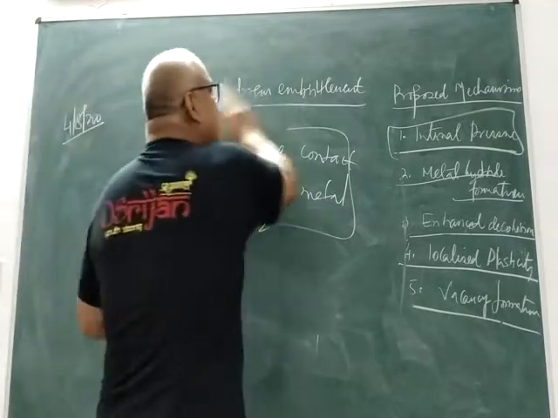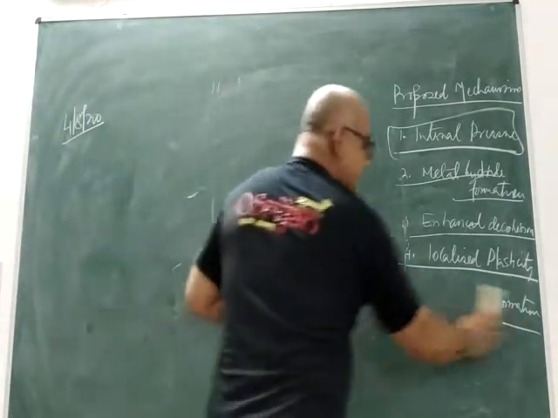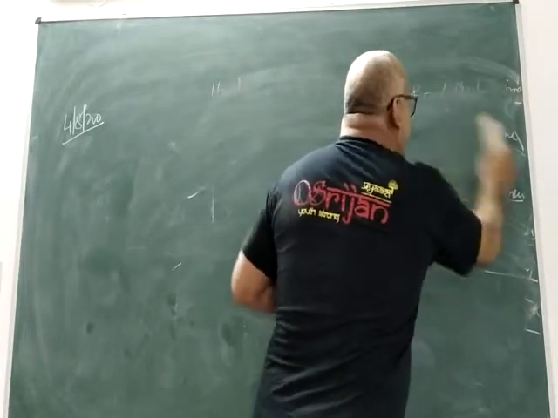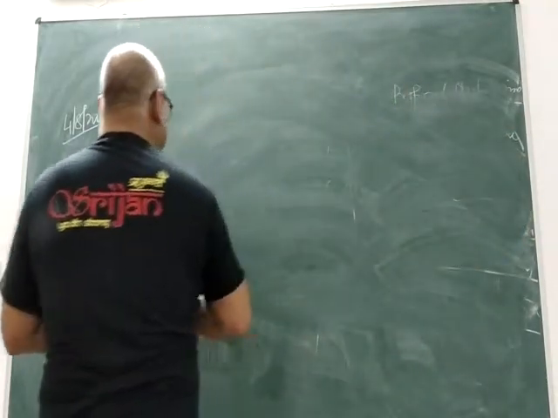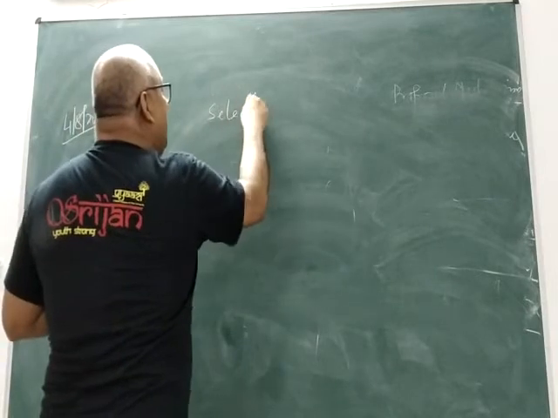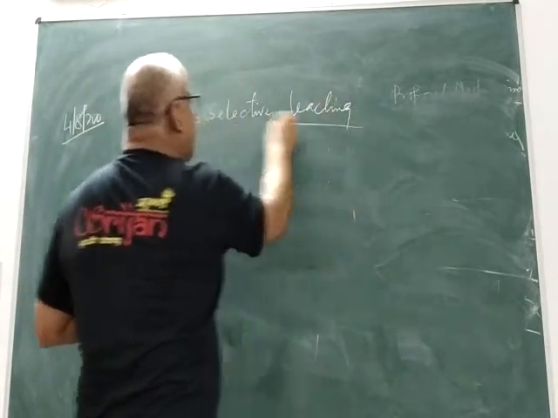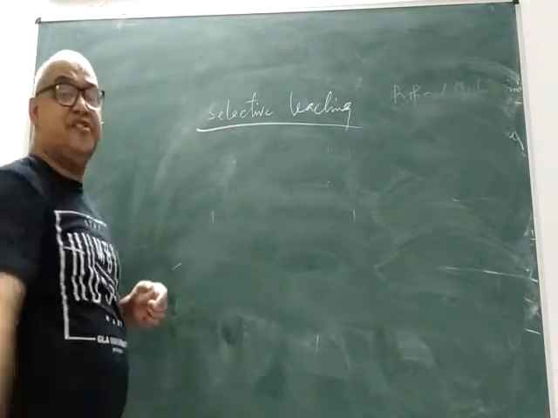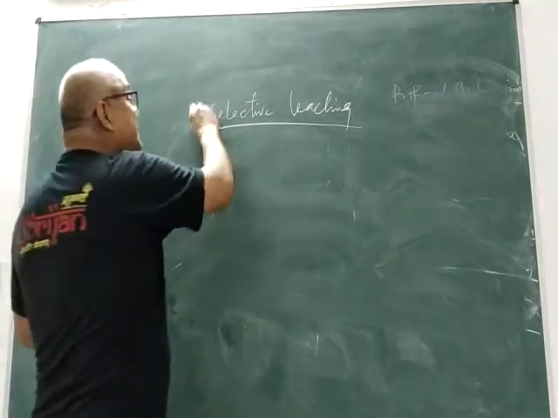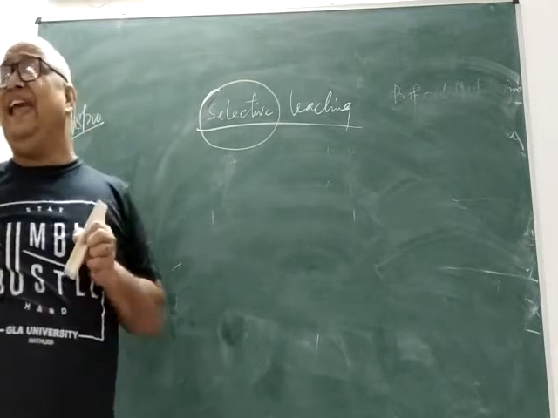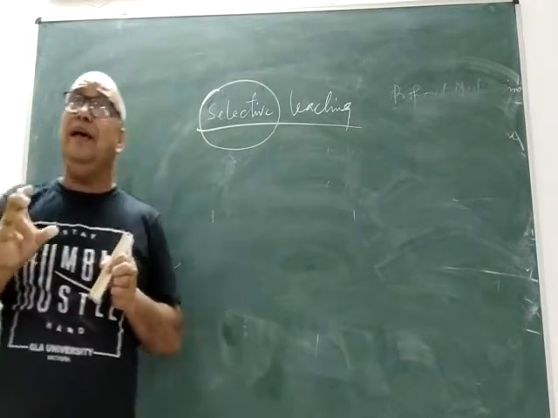Now let us see another serious kind of corrosion, that is selective leaching. By the name itself, you can understand selective. Specifically, a particular metal will be leached out.